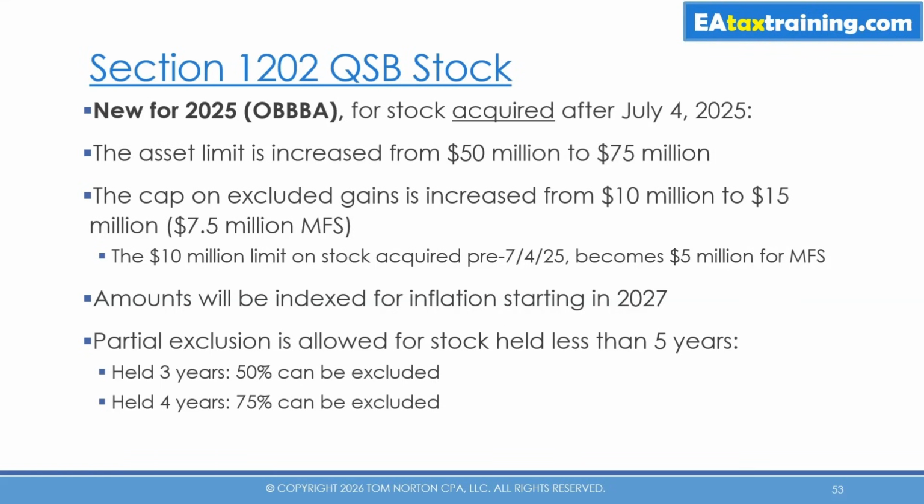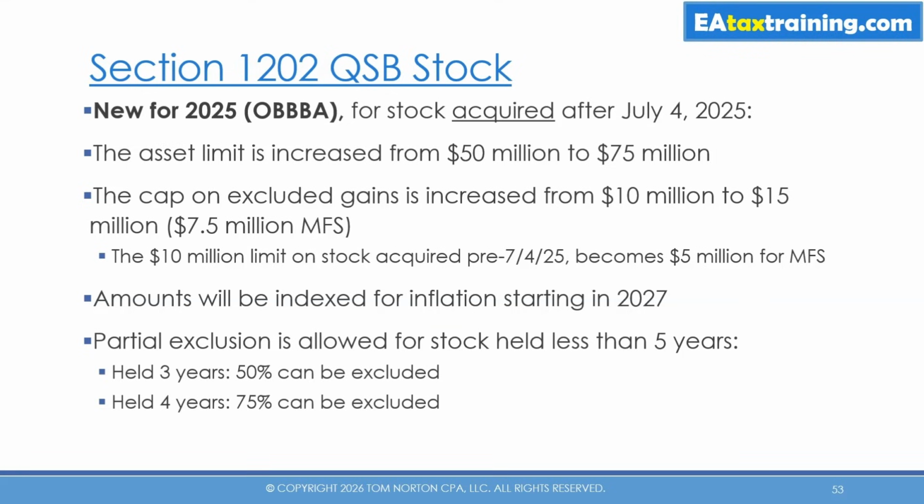But for any stock that was acquired after July 4th, 2025, that asset limit is increased from $50 million to $75 million. So remember, we said one of the qualifications was the corporation's assets must have been $50 million or less for the entire existence of the corporation. Well, if the stock was acquired after July 4th of 2025, that goes up to $75 million.